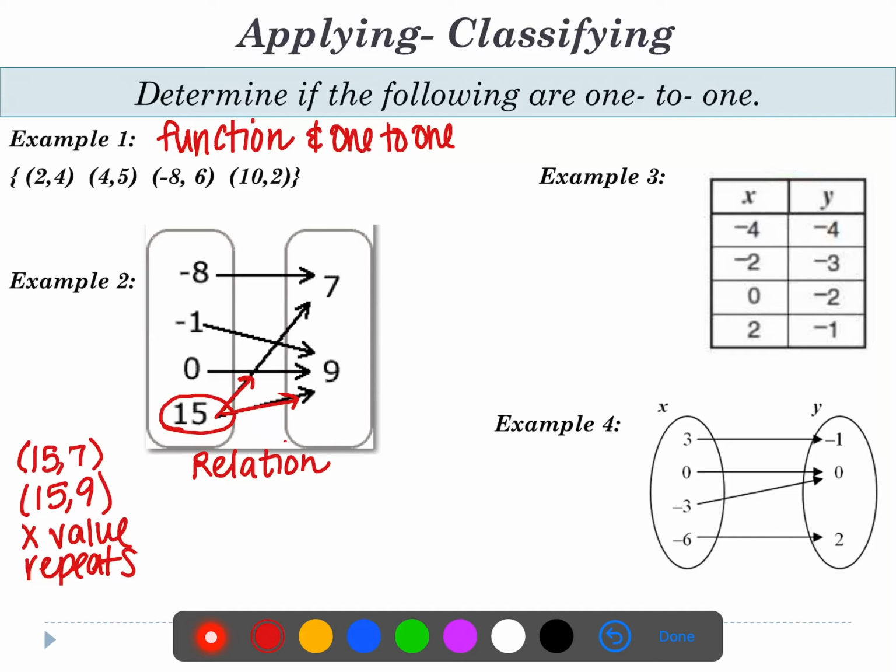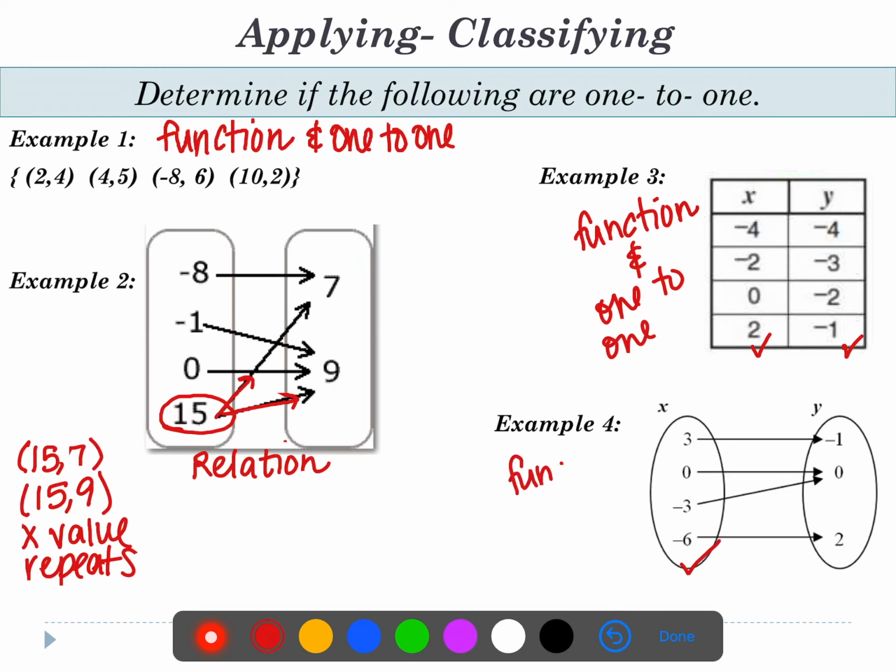All right, moving on, example number 3. Check the x's first, and those look good. And then I check the y's, and those are also good. When I say they're good, that means that there's no repeat within each group. So this is a function and one-to-one. Okay, and last but not least, we have a mapping in example number 4.